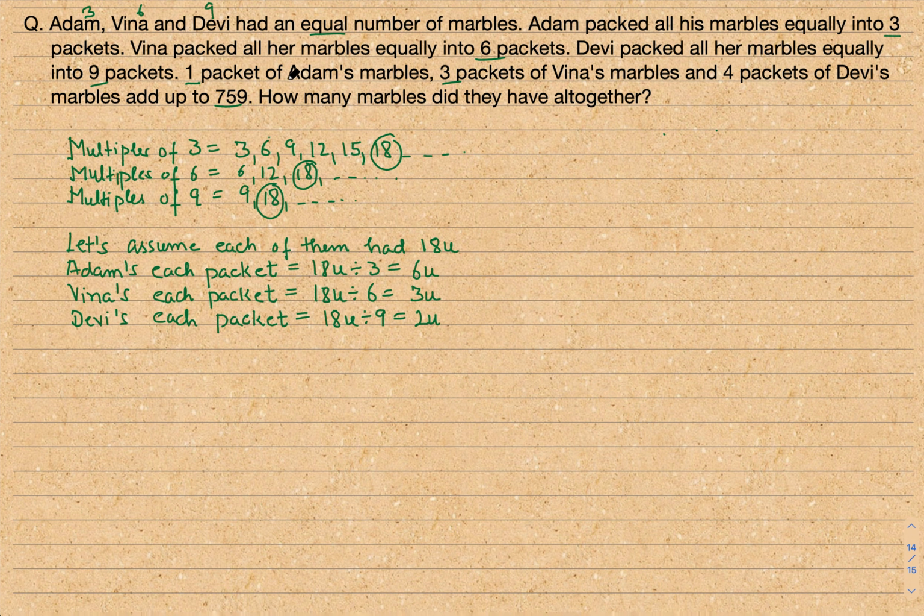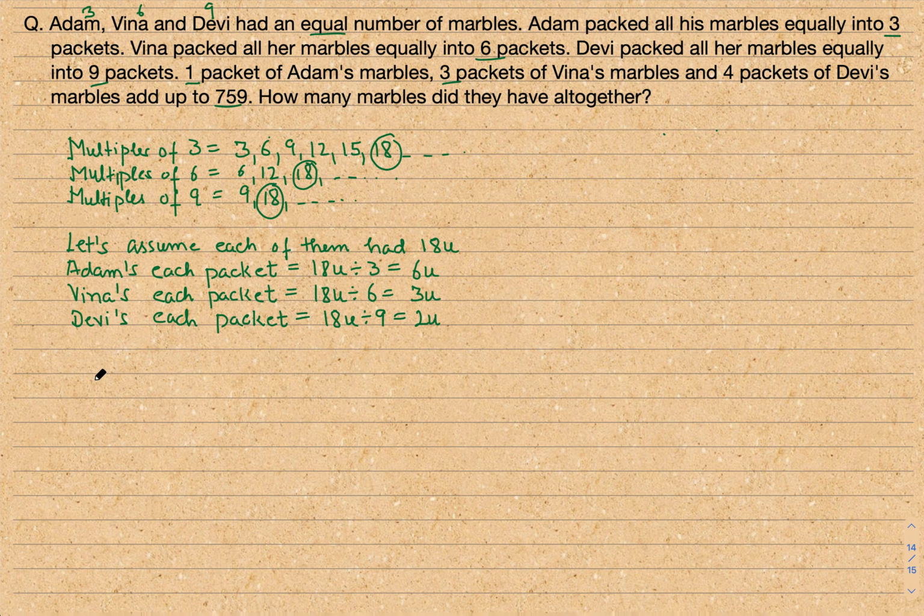So we are counting the marbles of only 1 packet of Adam, the marbles of 3 packets of Veena, and the marbles of 4 packets of Devi, right? After counting, they all add up to 759. So how do we count it? It's simple. Whatever is written, let's write it.